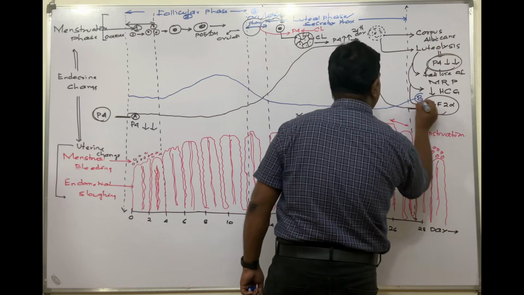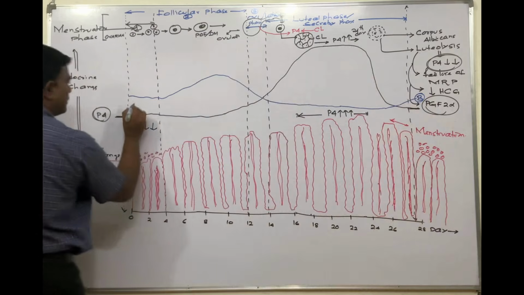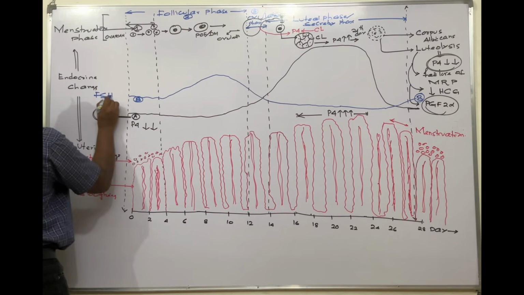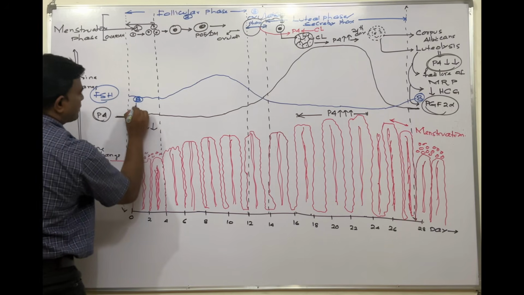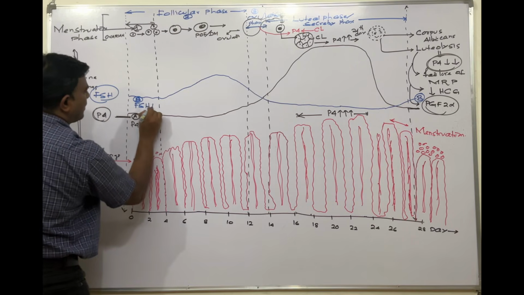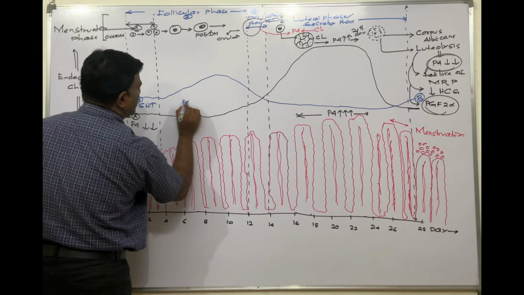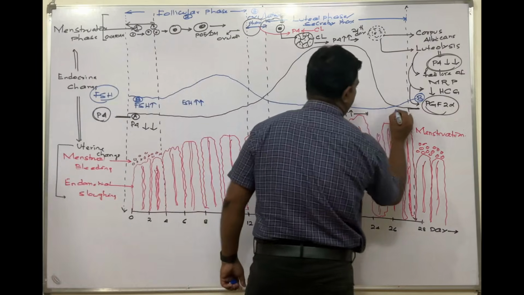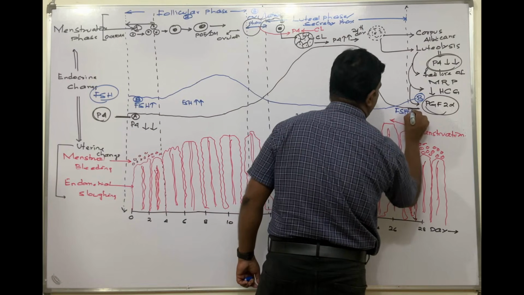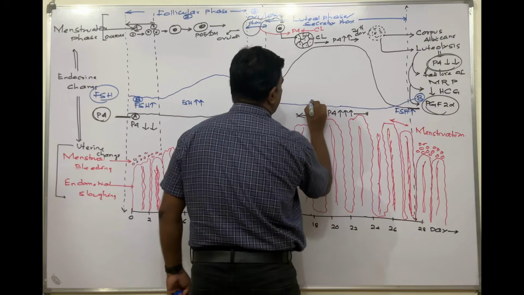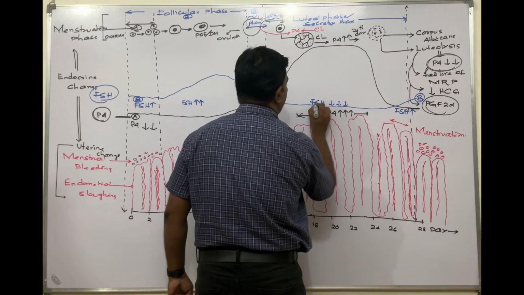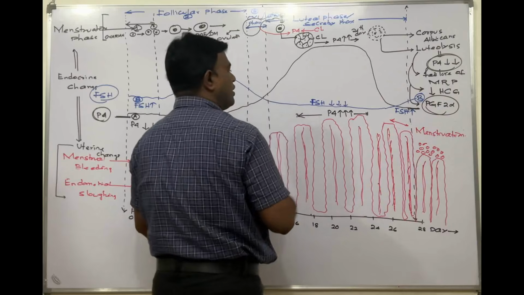So this is B, this is FSH. And this FSH is starting to rise here. Here the FSH is peaking. Then here the FSH again begins to rise. But here the FSH is low. It is due to the feedback inhibition by the inhibin.